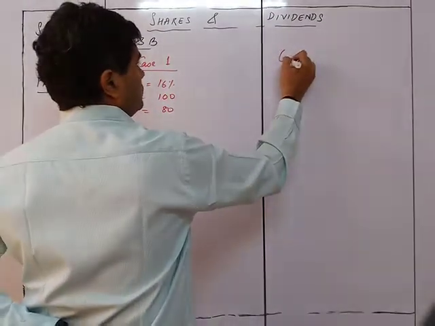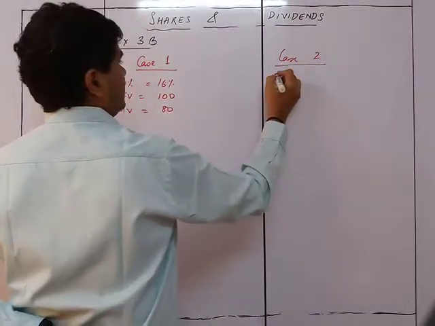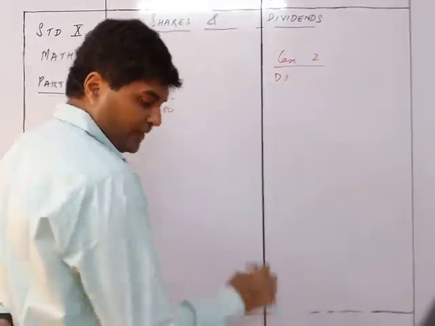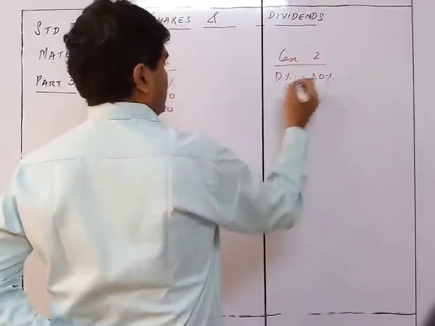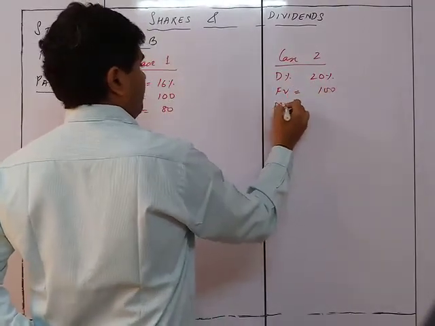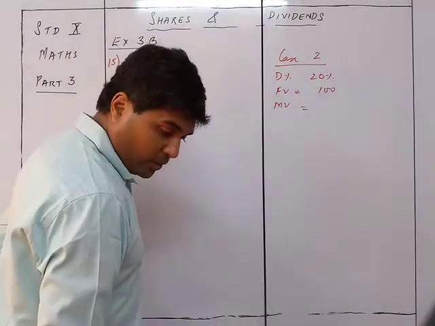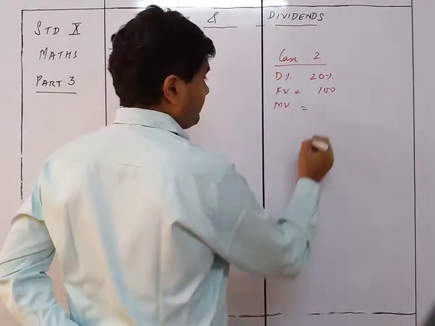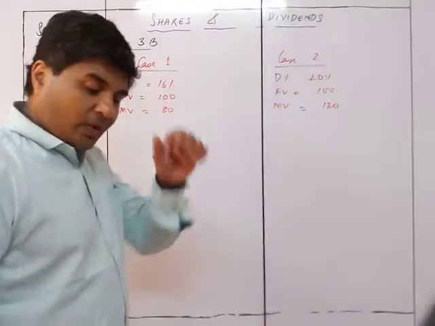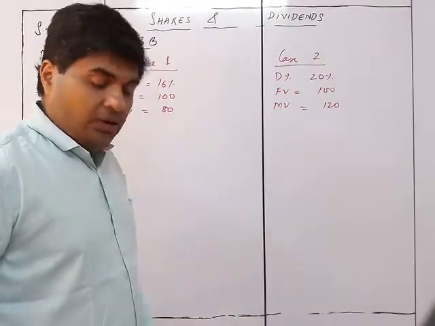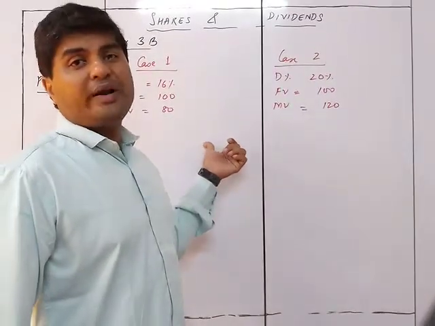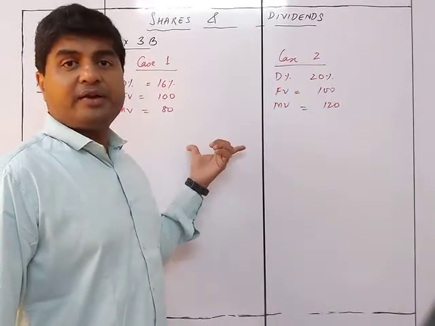And case 2 is dividend percent 20, FV is equal to 100 and MV is equal to 120. Okay. So what we'll do in this case is we want to find out which is the better investment, which will give me more returns. So we find out the return percent.